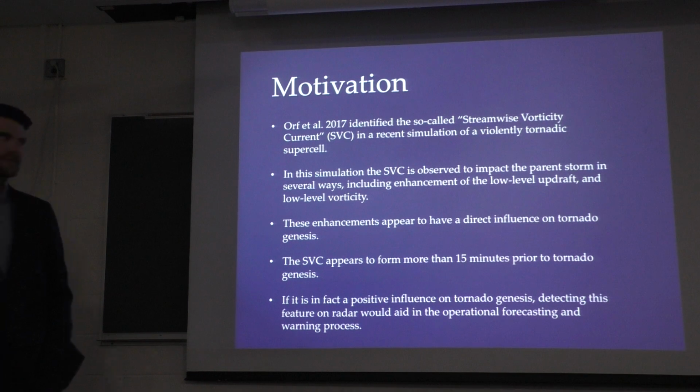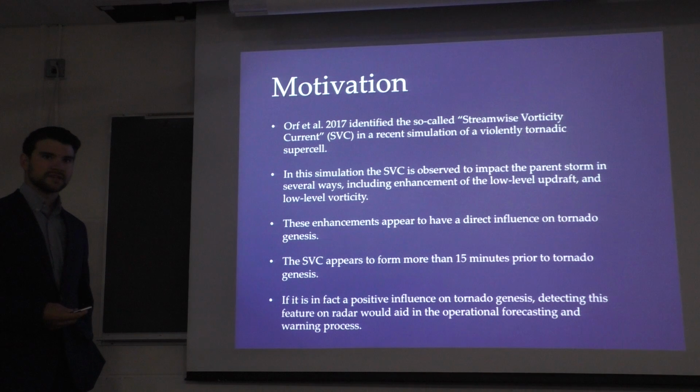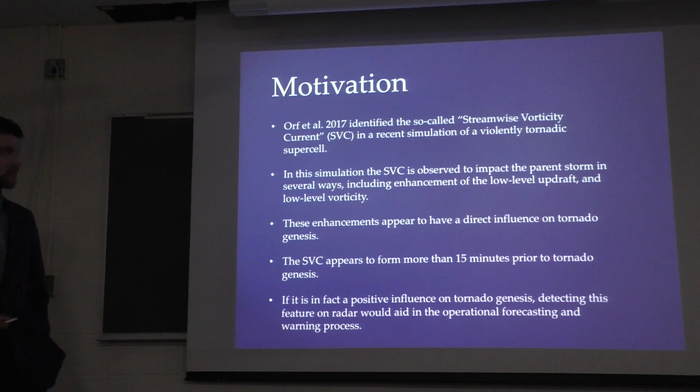The motivation for this was that Lee conducted a simulation, 2014, I think, at 30-meter resolution. I've got more details on the exact simulation in a minute. But in the preliminary paper they put out on this simulation, they discovered what they called the streamwise vorticity current.